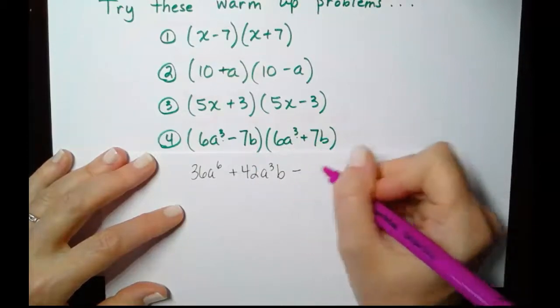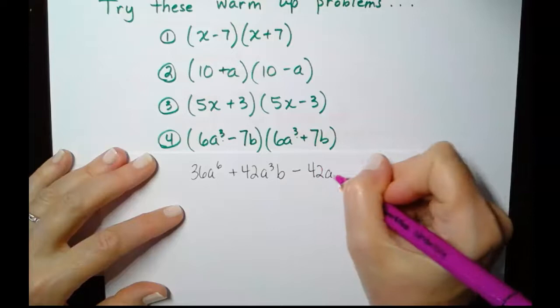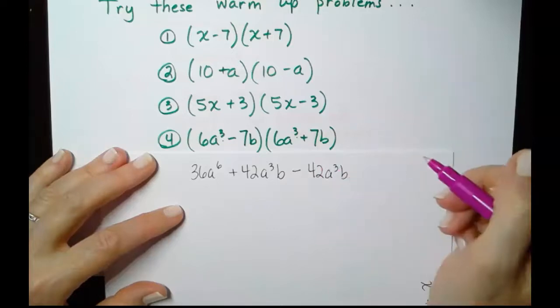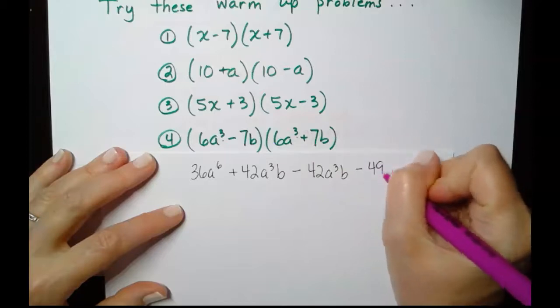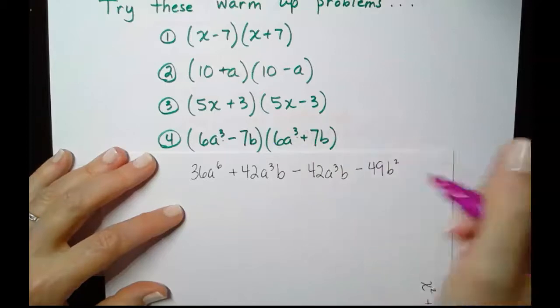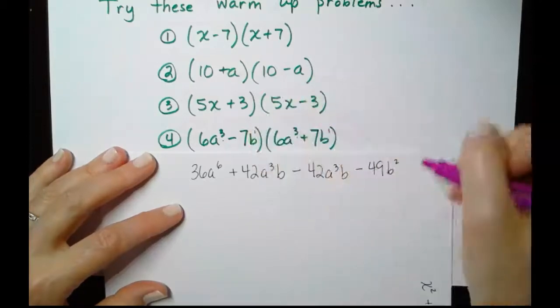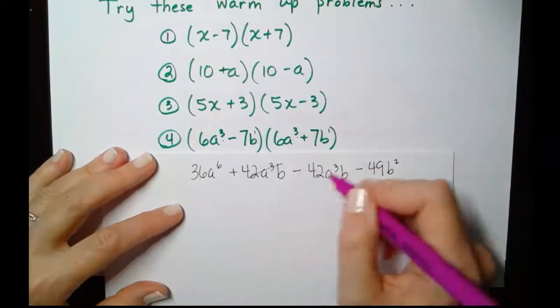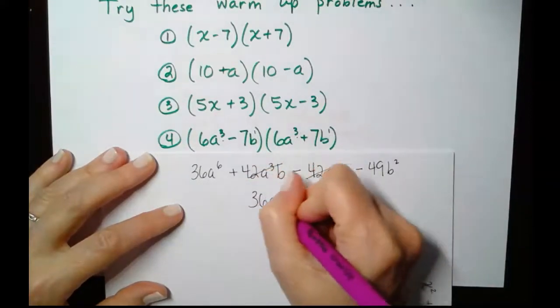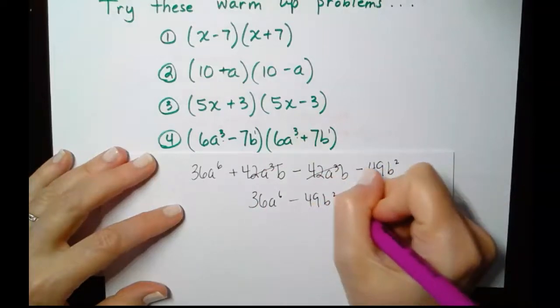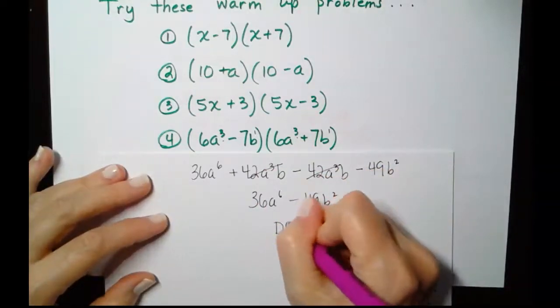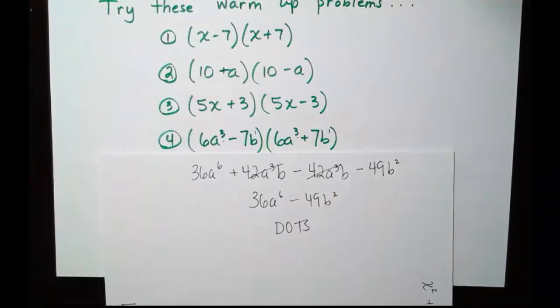Insides, minus 42 a to the third b. Last, minus 49b squared. Remember, that's b to the first times b to the first, that's b squared. Middle terms cancel. 36a to the sixth minus 49b squared. That's the difference of two squares.